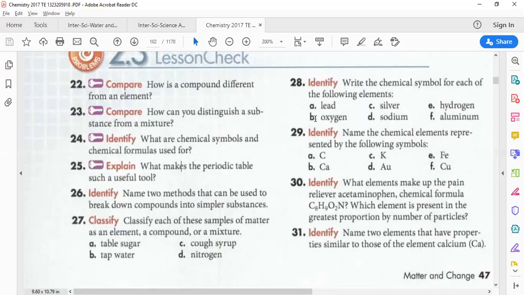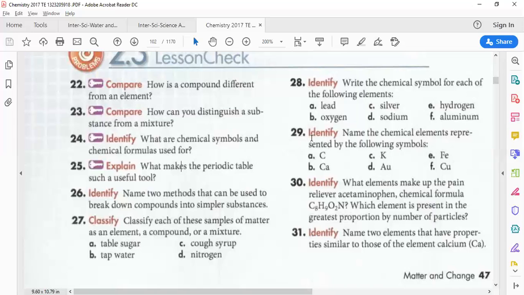Number B will be oxygen, and oxygen, guys, will be O, capital, only O. Number C will be silver, and silver has a Latin name which is argentum, so it will be Ag, capital A, small g. Number D, sodium. Sodium has another Latin name which is natrium, so it will be Na, capital N, small a. Number E, hydrogen. Hydrogen has the same English name, so it will be capital H. Aluminum, same English name, so it will be Al, capital A, small l.